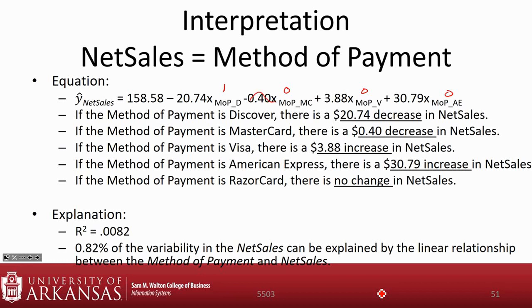So all of this goes away. And we say that there's a $20.74 decrease in net sales. And here I'll even be a little more specific. Compared to using a Razor Card.